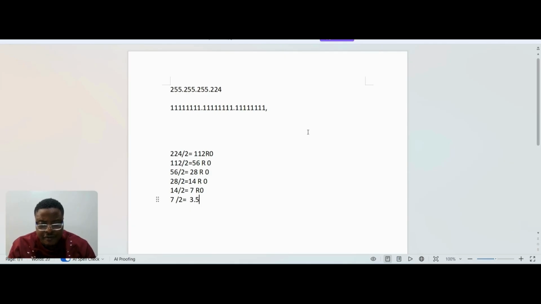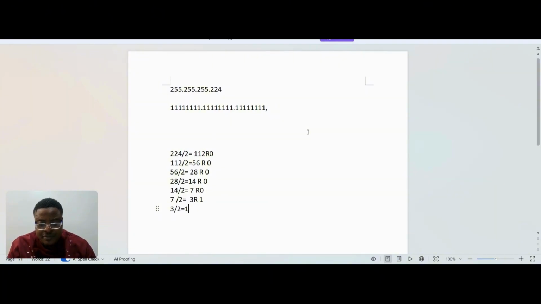7 divided by 2 will be 3.5. So 0.5 multiplied by 2 gives 1, so 3, remainder 1. Then 3 divided by 2 is 1.5, so you multiply 0.5 by 2 and get remainder 1.